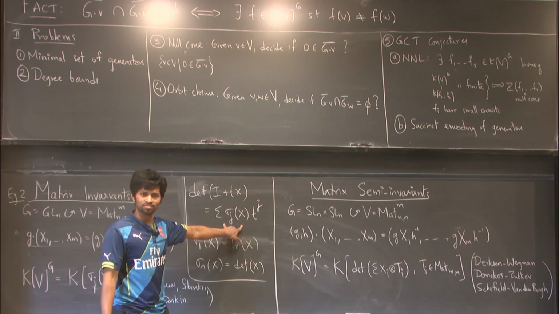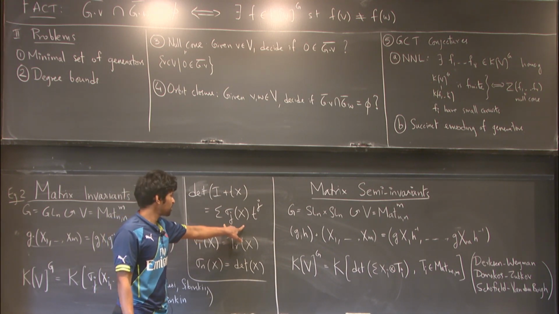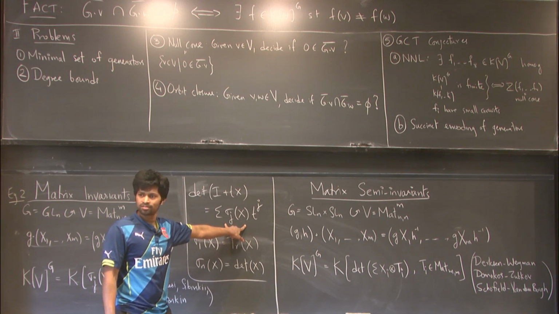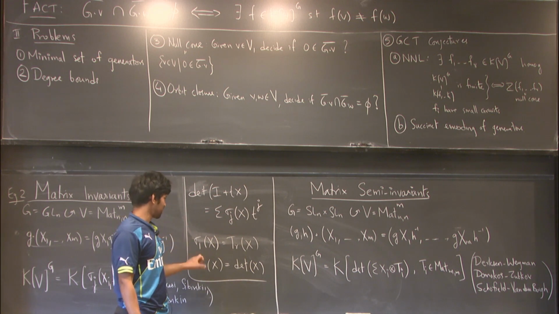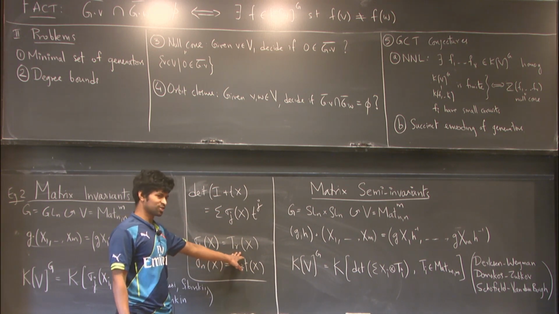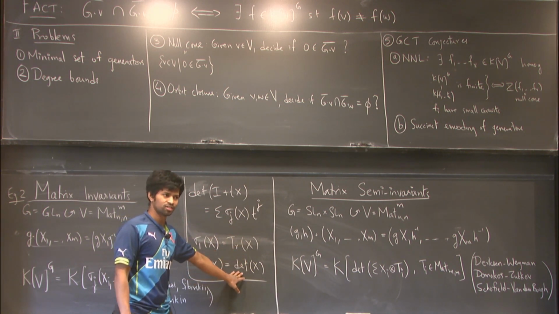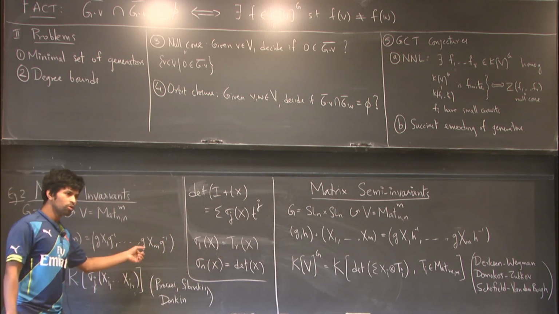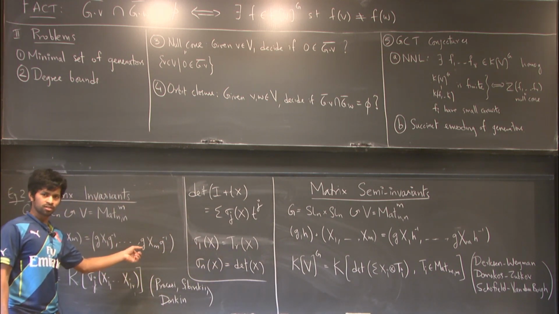I have to call it something. All of those are also going to be invariant. I'm just pointing out that the first characteristic coefficient is the trace and the last one is the determinant.